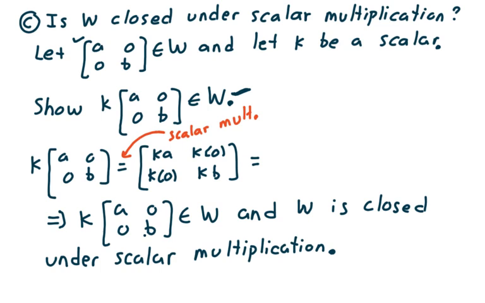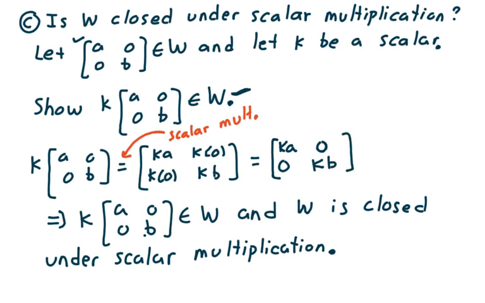This is the matrix [KA, K times 0; K times 0, KB]. And remember, K times 0 is 0. So it's [KA, 0; 0, KB].